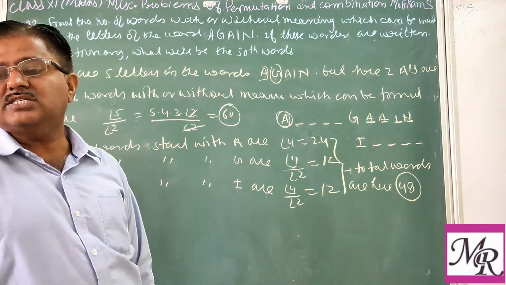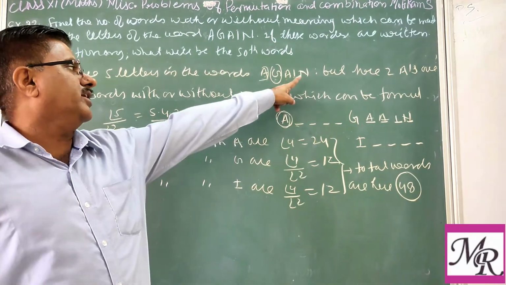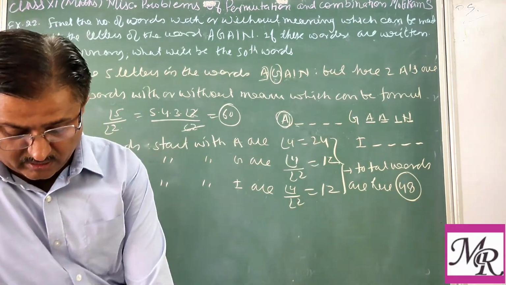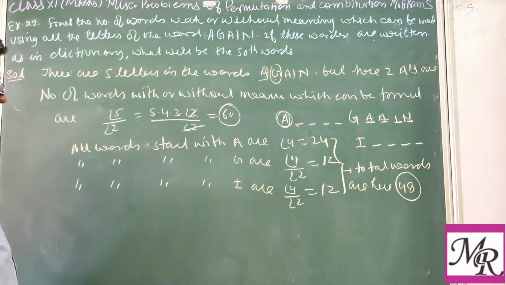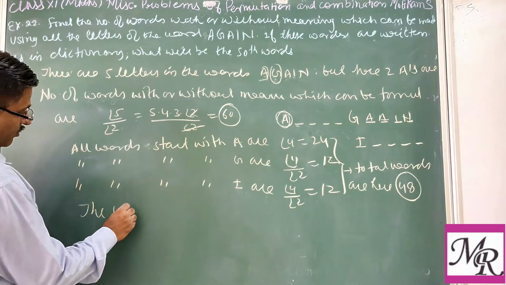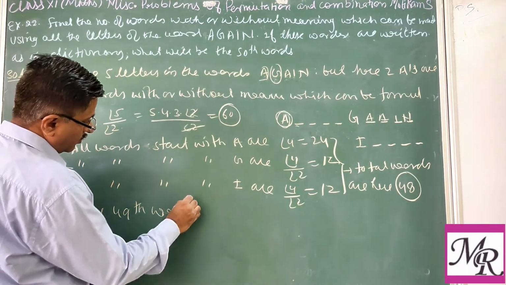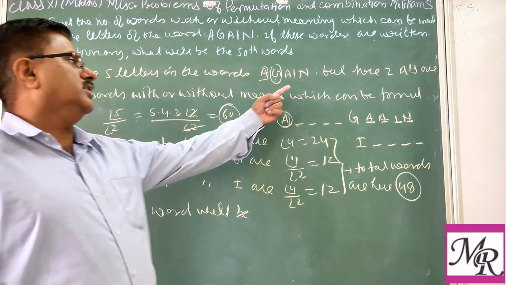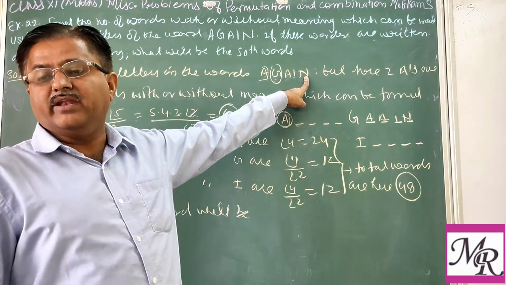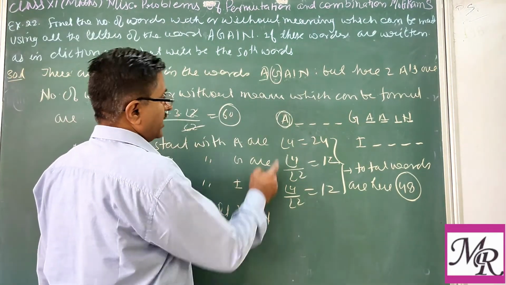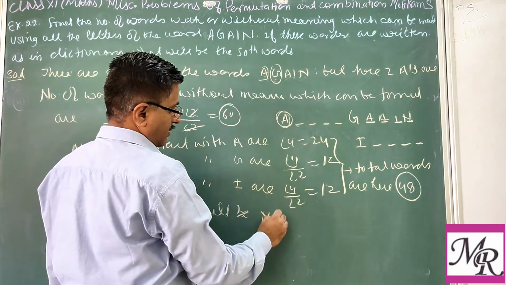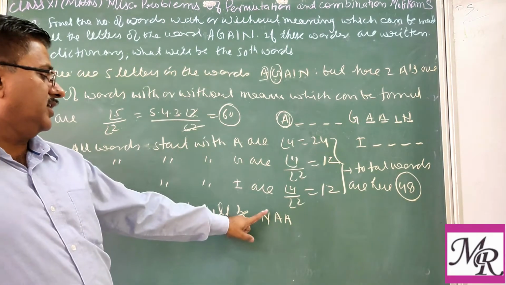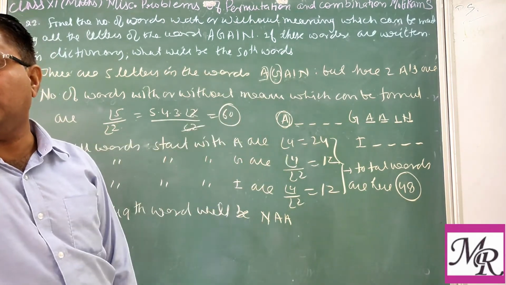Now you can easily say after I the letters will start from N. So the 49th word will be, according to the English dictionary, first letter N, then second will be A, then also A. According to the dictionary, if the first letter is N, then of the remaining you have to search out which one is first.